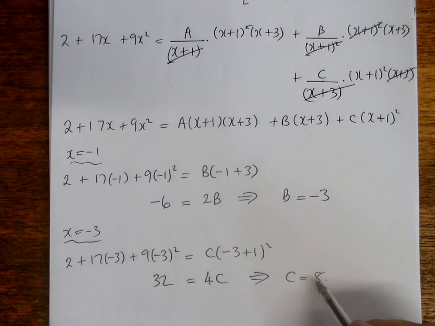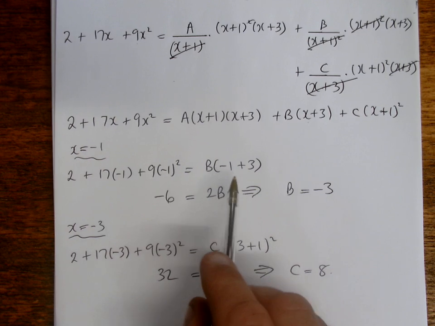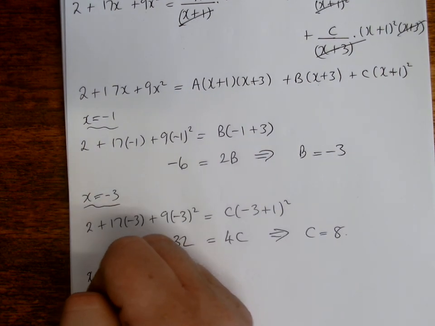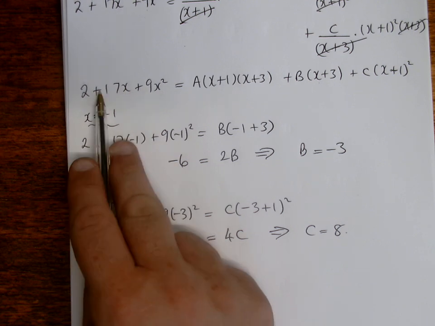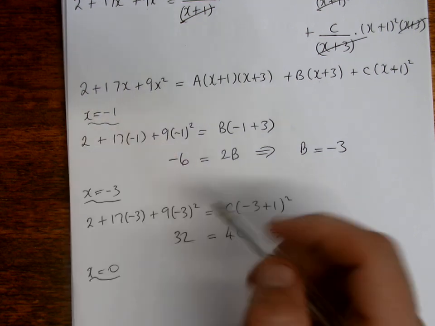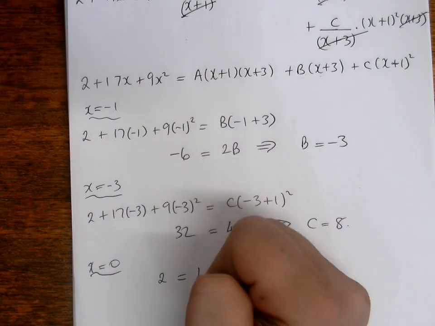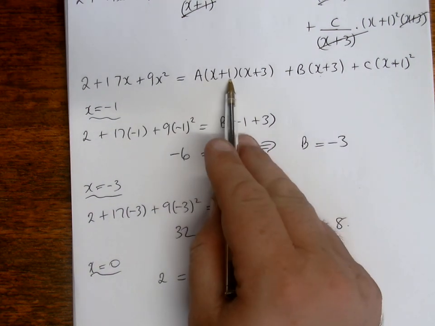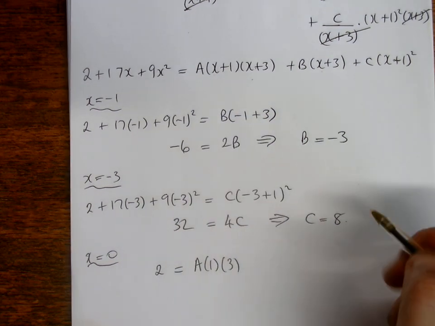So I've got B and C, and I need to work out A. There are no other values I can set here to eliminate, so let's set x to be 0, because that will make it easy. If x is 0, that'll be 2 plus 0, so that's 2. In here you have A, well, 0 makes that 1 and makes that 3.